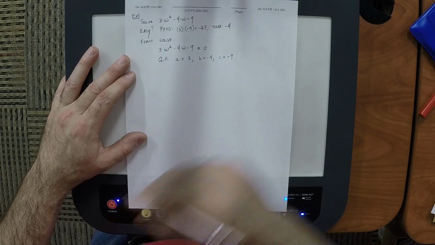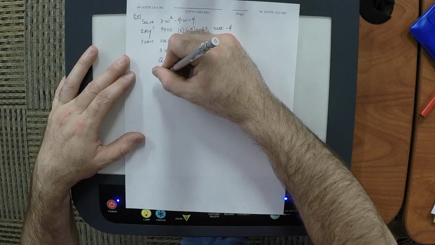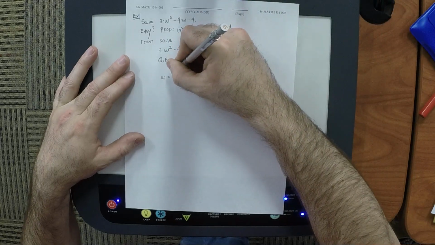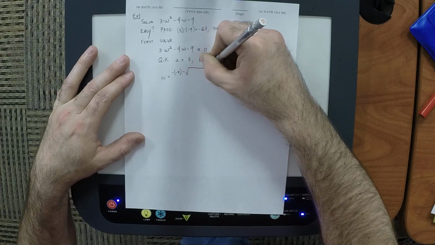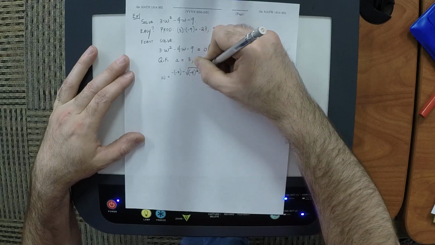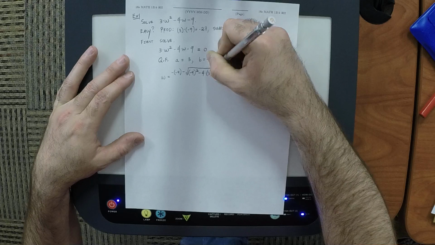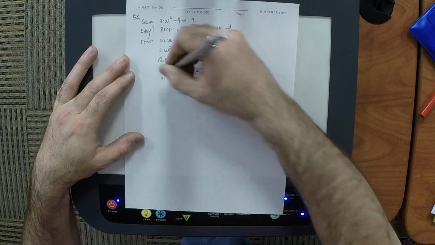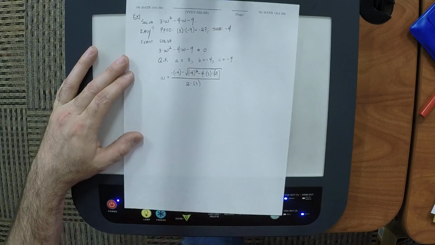Now it's just a matter of very tediously writing all this down. Okay, so W could be negative 4, subtract the square root of negative 4 squared minus 4 times 3 times negative 9, over 2 times 3.